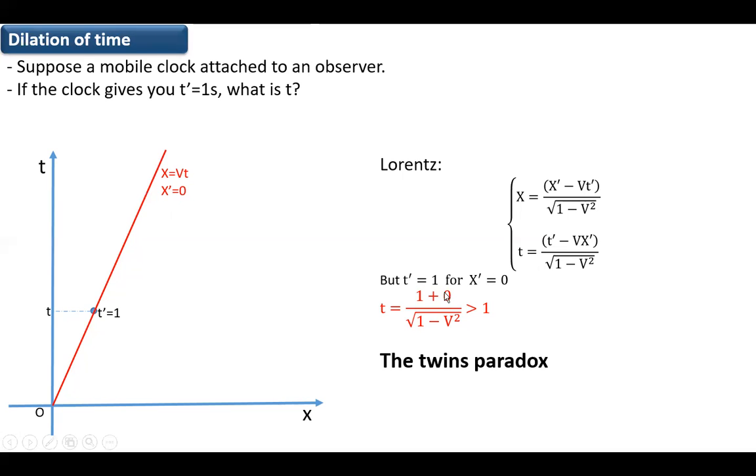Here you have a minus, or plus, it's a 0, so it doesn't matter. So t is equal to 1 over radical 1 minus v squared. 1 over radical of 1 minus v squared is the quantity gamma, which is greater than 1. So if your t prime is equal to 1, your t is greater than 1. This is the dilation of time.